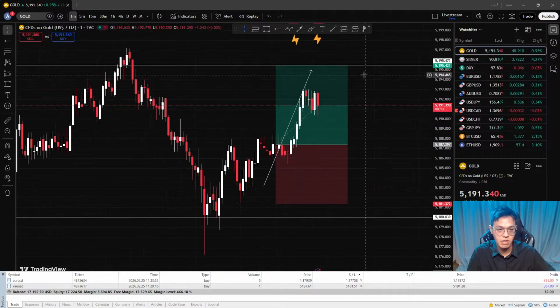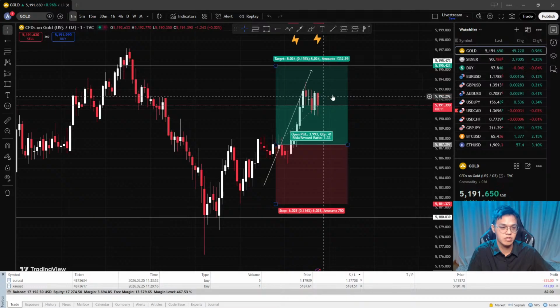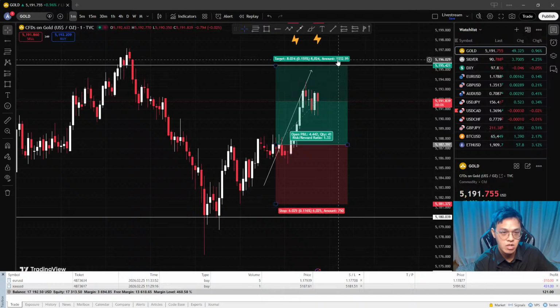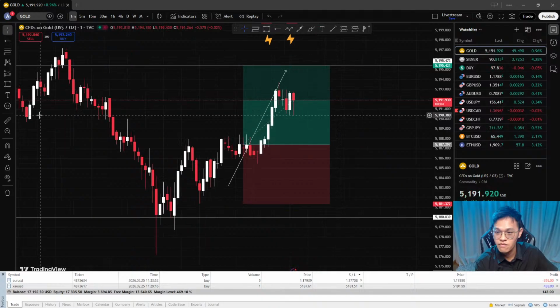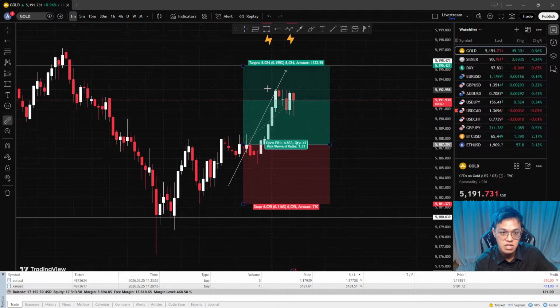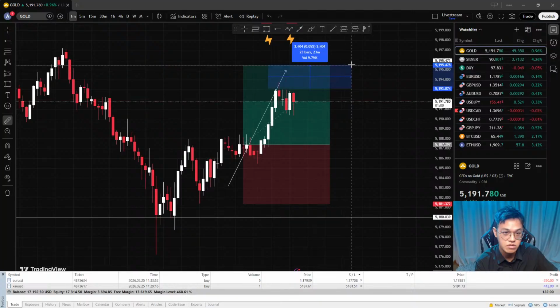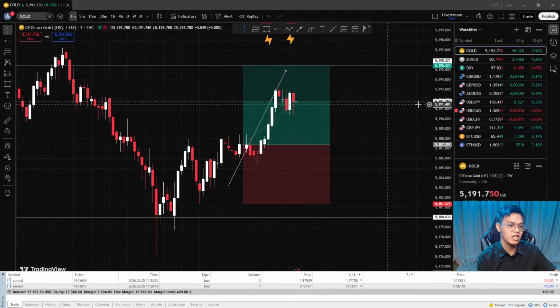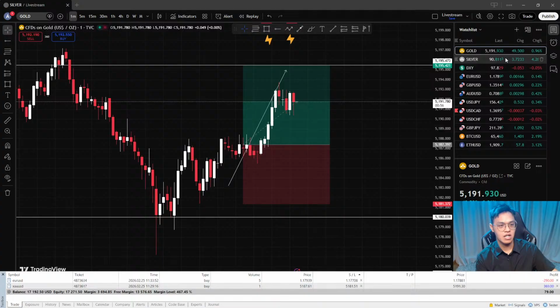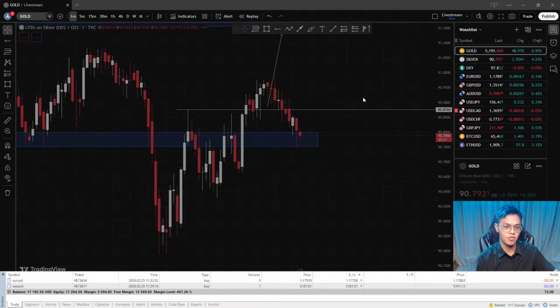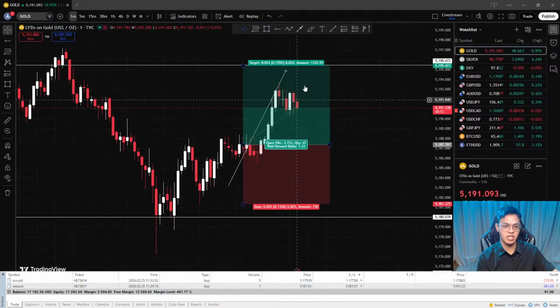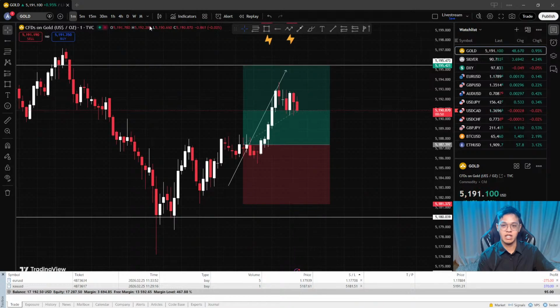So let's see whether the price can collect the liquidity and then pump again. Because there's still 24 pips left. I think it should be okay if the price can touch the resistance level.